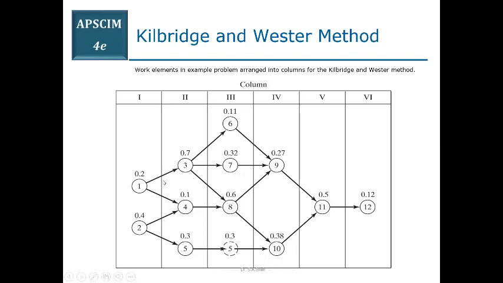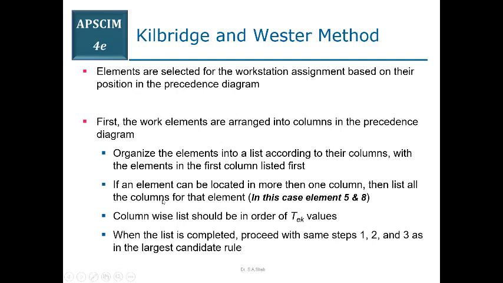Then all those elements which follow element 1 and element 2 will reside in the second column, and similarly the followers of the second column will reside in the third column, and so on. So the first step is the column-wise distribution of the work elements.